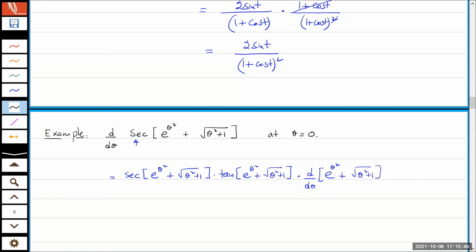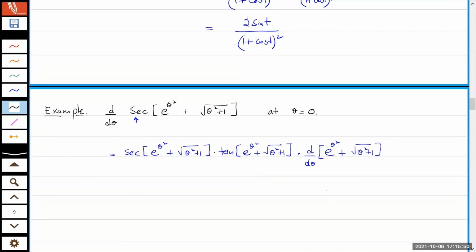Now I need to compute the derivative of this e to the theta squared plus the square root of theta squared plus 1. Secant of e to the theta squared plus the square root of theta squared plus 1, times tangent of e to the theta squared plus the square root of theta squared plus 1, times. Now, the derivative of exponential is exponential again.